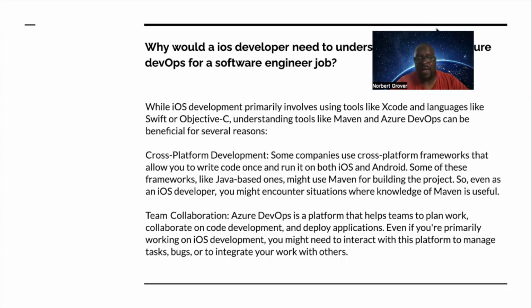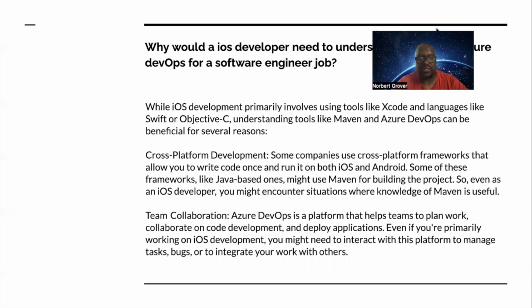One, cross-platform development. Some companies use cross-platform frameworks that allow you to write code once and run it in both iOS and Android. Some of these frameworks, like Java-based ones, might use Maven for building the project. So even as an iOS developer, you might encounter situations where knowledge of Maven is useful.